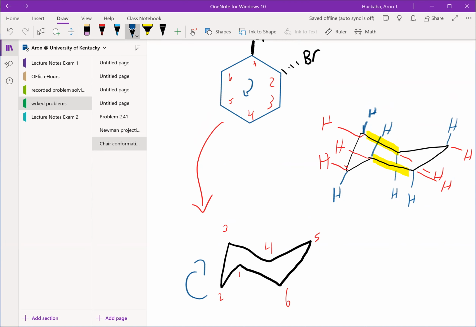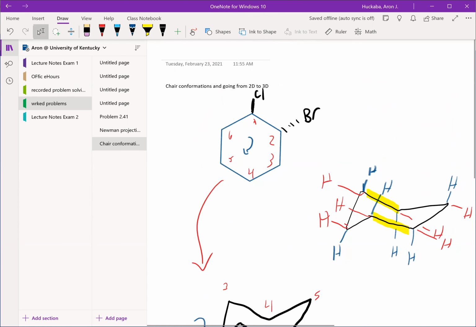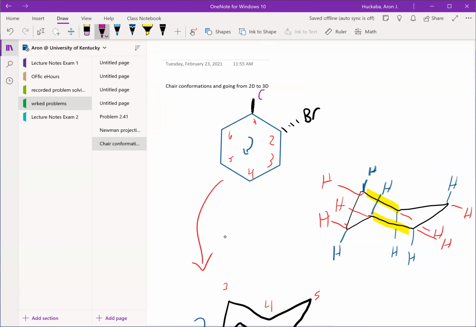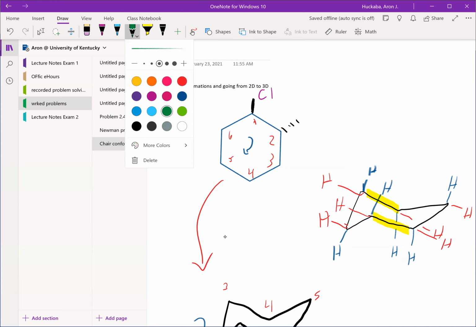All right. So the chlorine, which I will color in purple, is here. And we'll say that the bromine, I'll color in maybe green here.